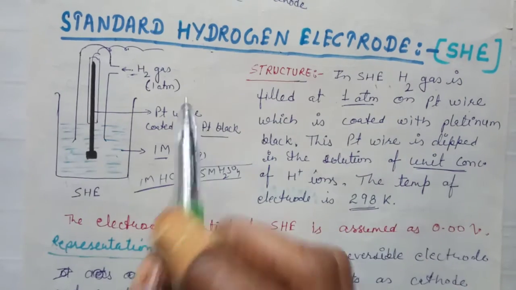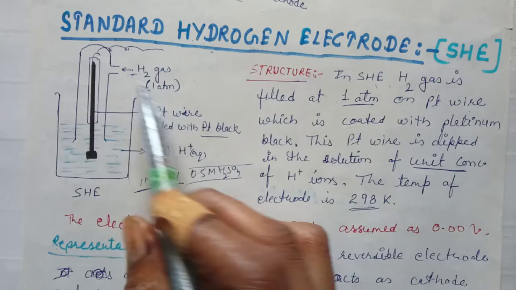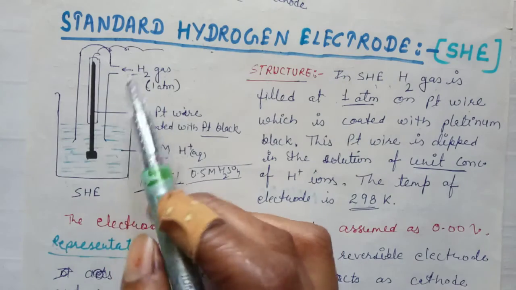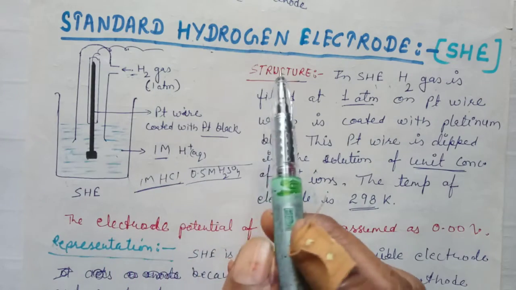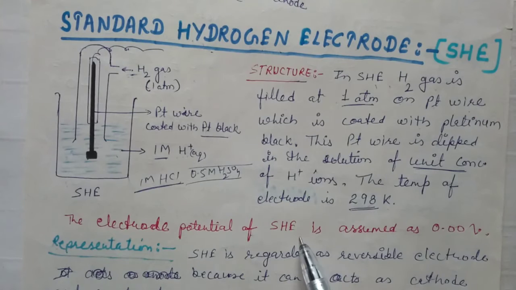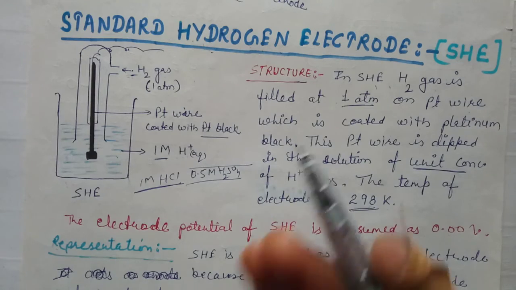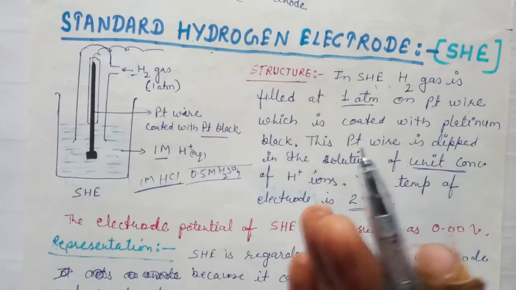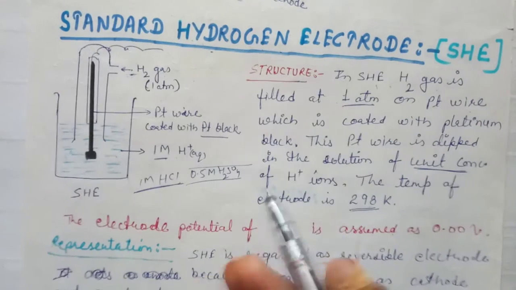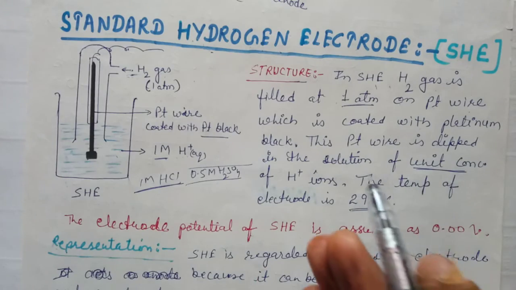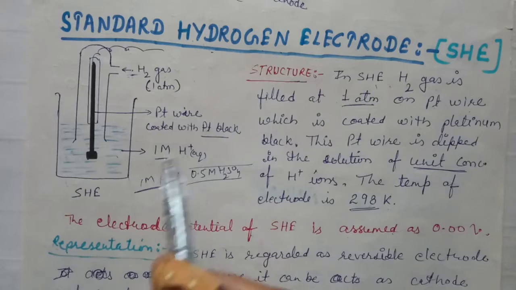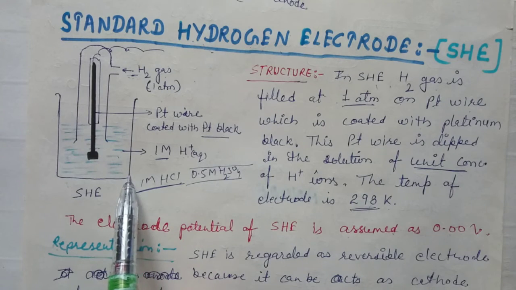Okay, it is assumed that the electrode potential of SHE is 0.00 volt because it is used as a reference electrode to determine the electrode potential of many different unknown electrodes. Okay, how can we represent it?